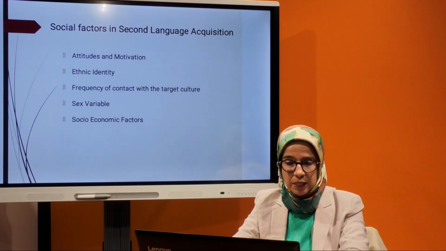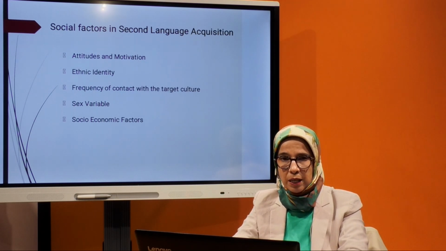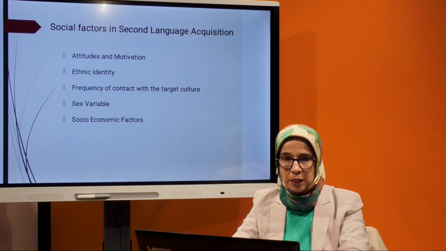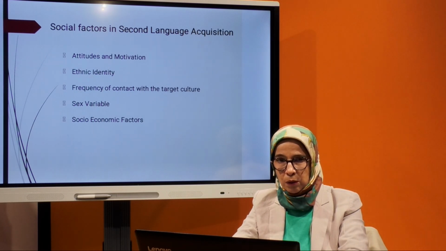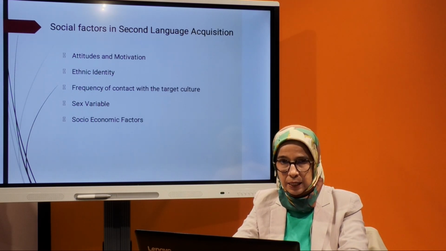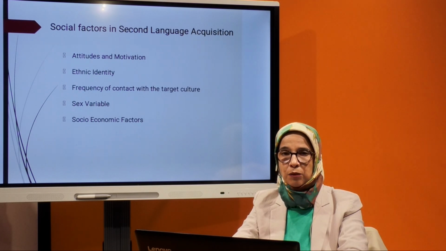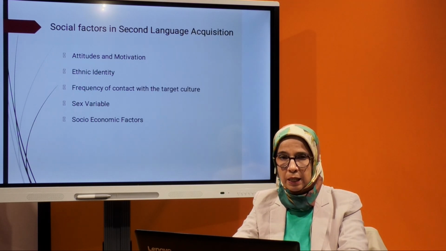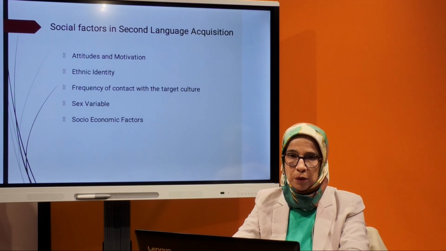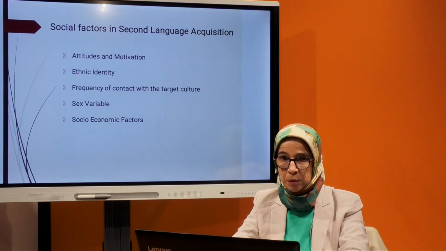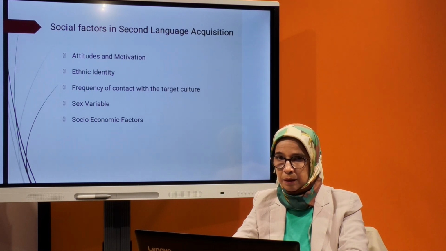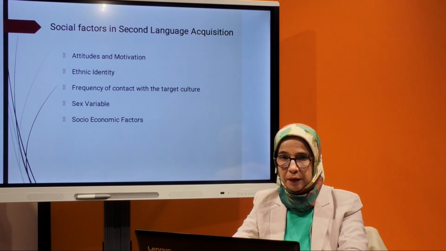Just to summarize this variable, these researchers claim that, for example, someone from a poor class may be less successful in acquiring a language than someone who is from a higher class. But, of course, that might be the case, but not always. Why?